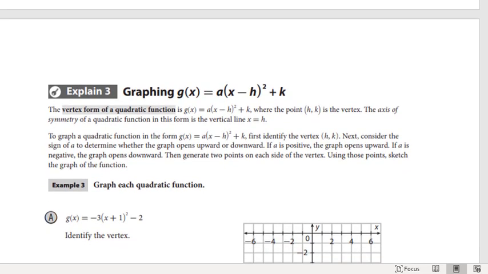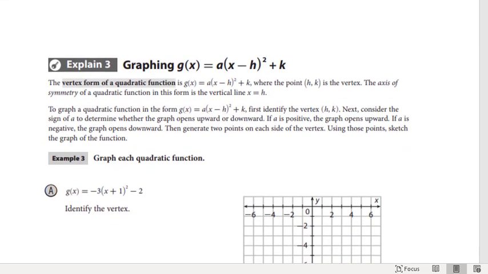In vertex form, h comma k is the vertex. The axis of symmetry is always at h. We are going to graph it by identifying the vertex, determining if it opens up or down, finding some points, and then sketching it.